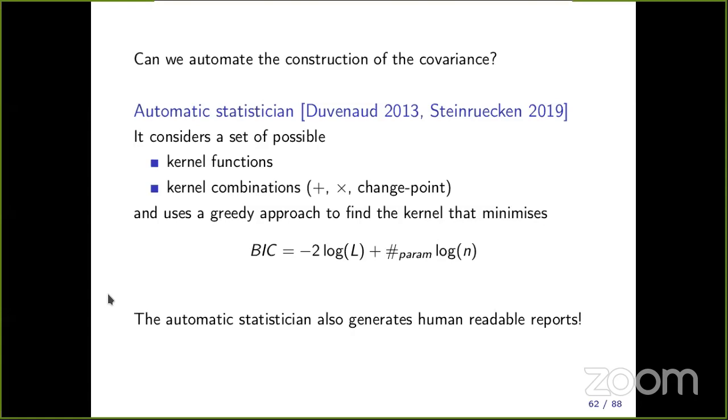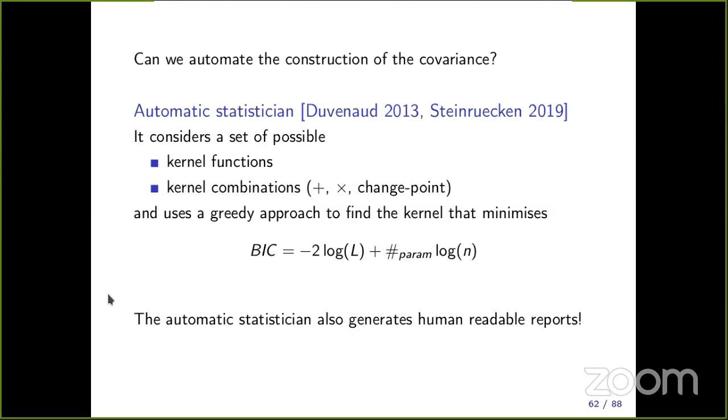Thanks. And so you said something about the automatic statistician generating human readable reports. What do you mean by that? Okay, if we think again about the Mauna Loa example I was using before, if you just look at the covariance function that will be estimated by the automatic statistician procedure, they will end up with one covariance function. And then just by looking at the covariance function, you can say a lot of things about the data. You can say, for example, we've seen there's a low frequency variation and a high frequency variation.